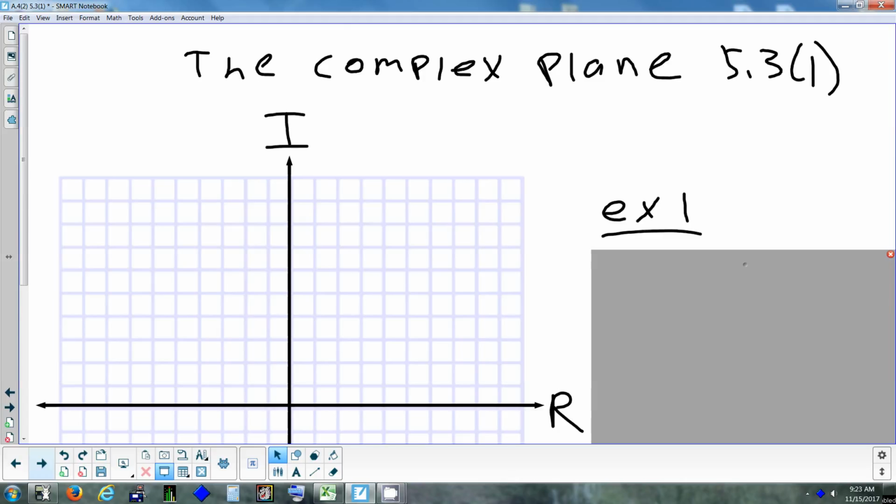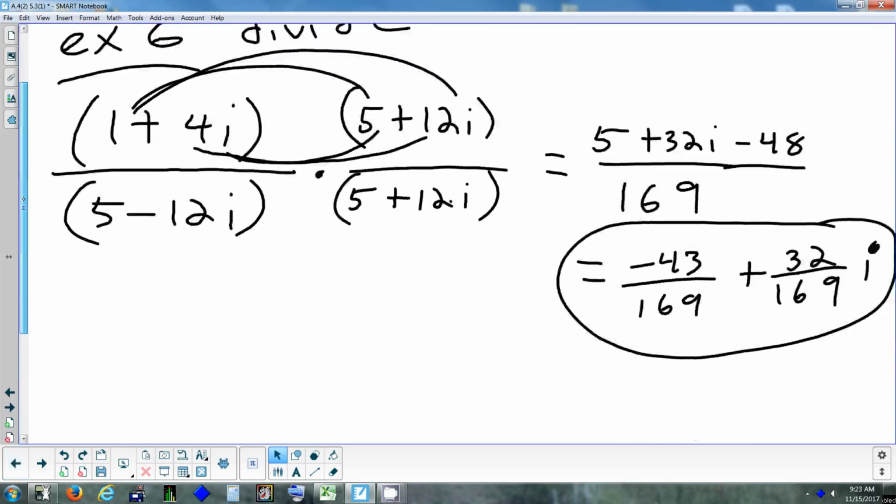And if you forget which one is which, just think about when you write it as a regular coordinate, the horizontal is always first, the vertical is always second. Go back and look at one of our answers. The horizontal is your real, the vertical is your imaginary. Okay, so it follows the same pattern as XY.